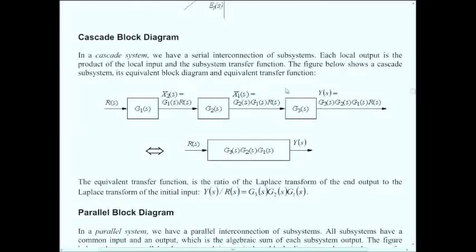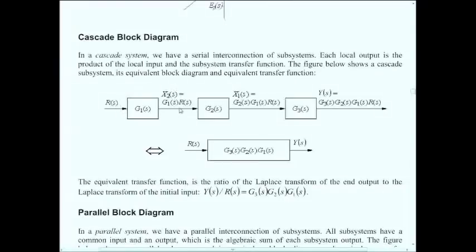Cascade block diagram is when you have blocks in series along a path. These are unidirectional blocks, one input, one output, and they're laid out in a series. So if this block has an input and its output goes directly into the next block, you can use the definition of the transfer function to see what happens with the signals as you pass from block to block.